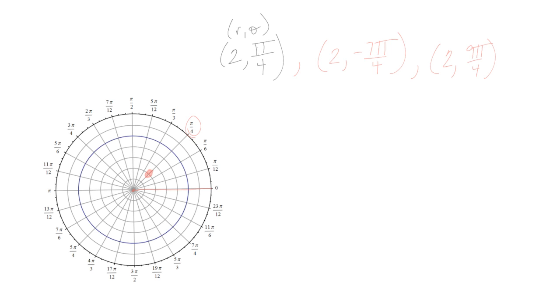Okay, something a little different that will also land you in this spot would be having r as a negative. If r is negative, negative 2, what's going to happen is instead of going along that angle, you're going to go in the opposite direction of that angle.